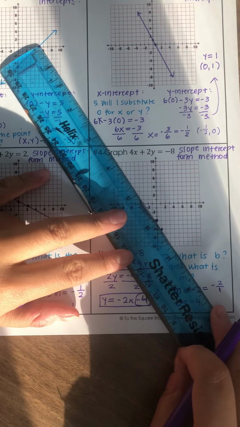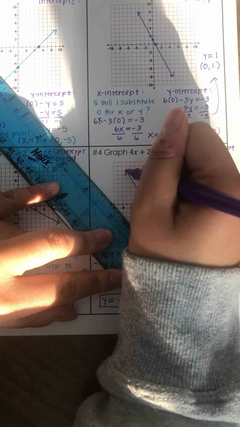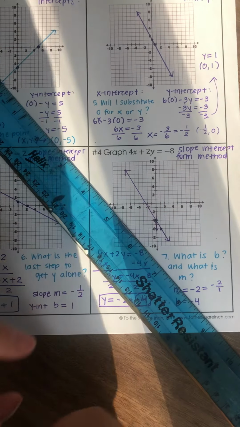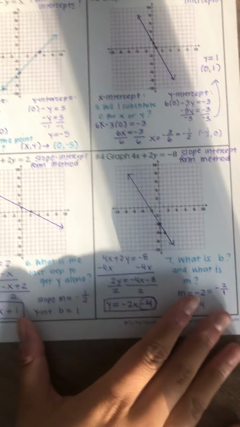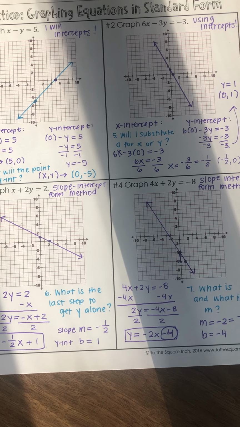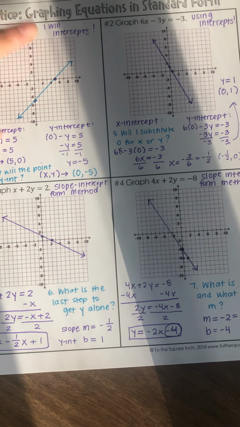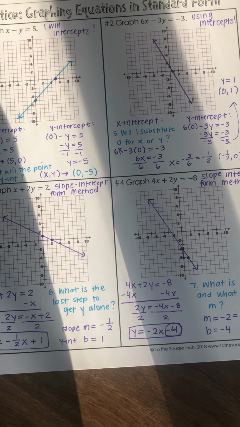And I can now connect these dots to draw my line. So we have just practiced graphing equations in standard form using a method of intercepts and the method of rewriting it in slope-intercept form.